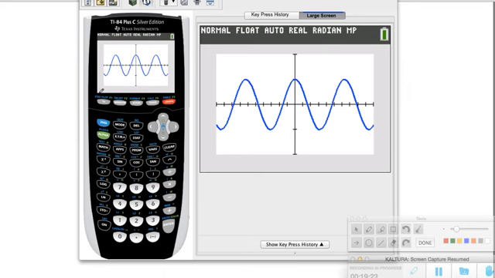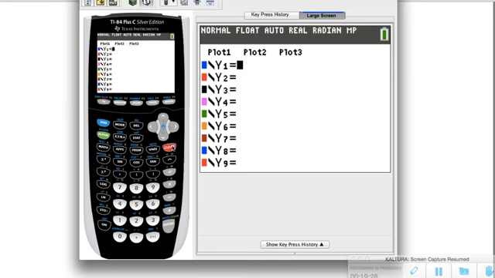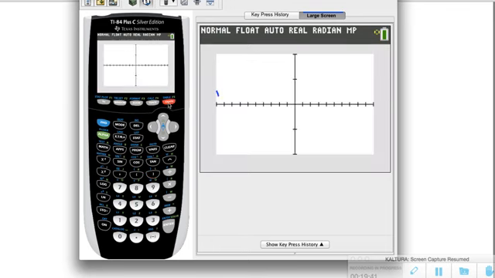Now, if you'd like to see both of these on the same graph, all you've got to do is put them both into your y equals menu. So put in sine of x and also cosine of x. And then just press graph.